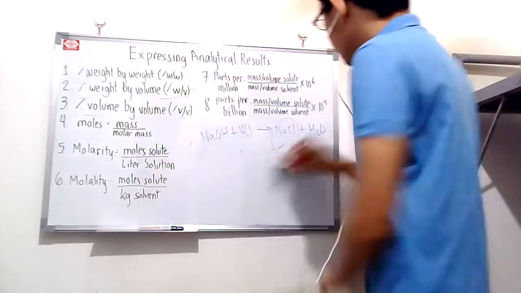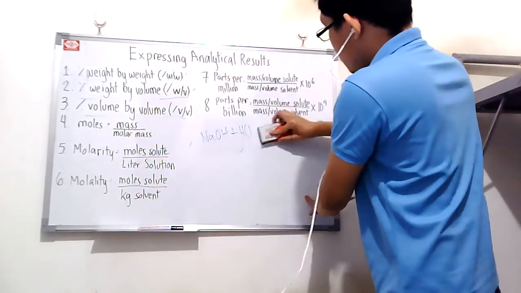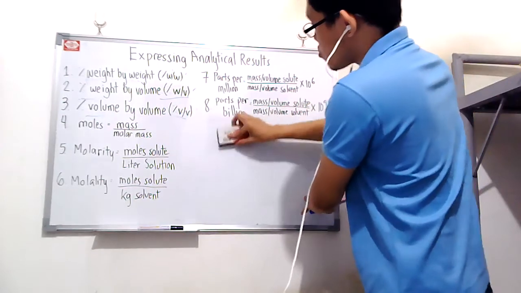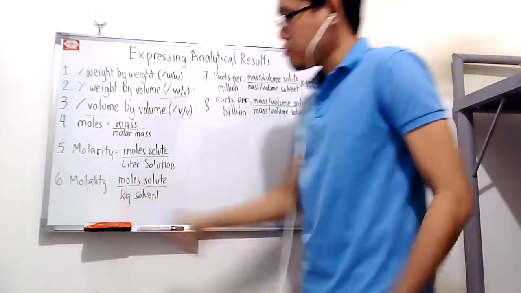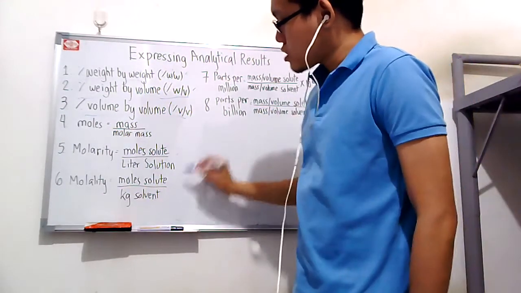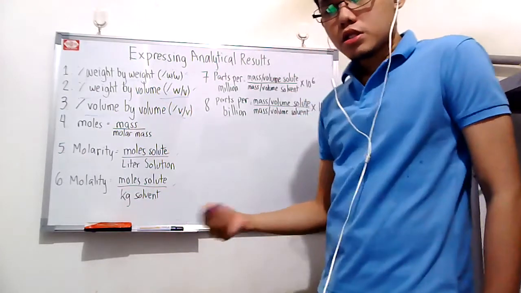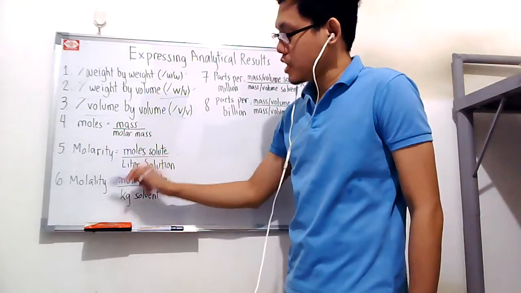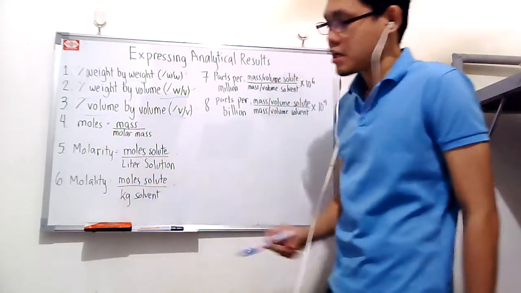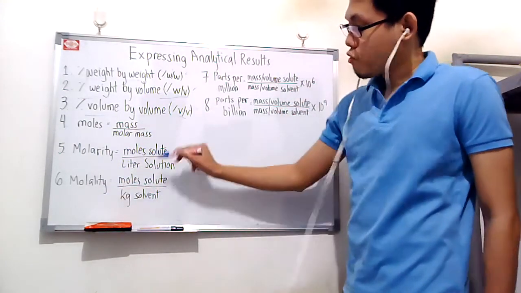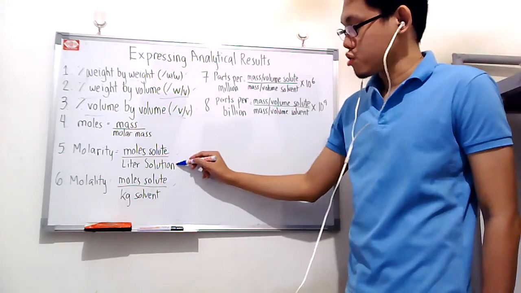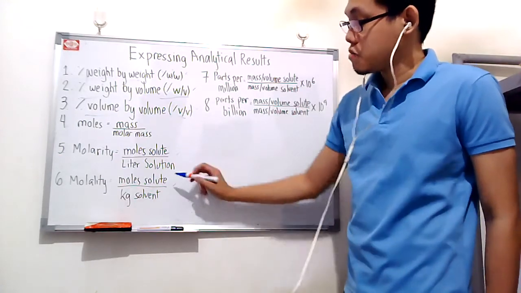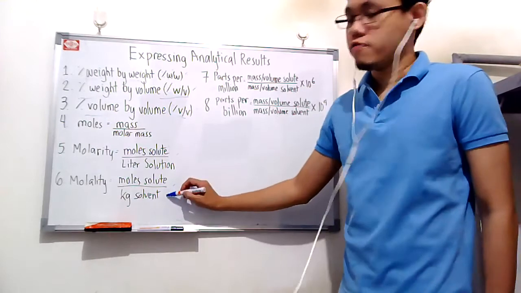More often than not, when handling solutions, you have these two concentration formulas: the first one is molarity, and the second one is molality. Molarity is mole solute over liter solution, while molality is mole solute over kilogram solvent.